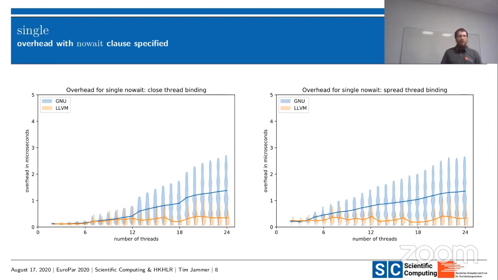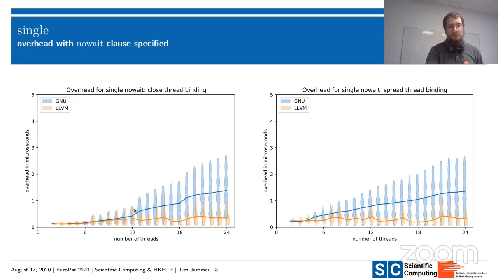If you compare the left-hand figure to the right-hand figure, you see that on the left side we utilize a closed thread binding, and on the right side we utilize a spread thread binding. But the general trend behind these two figures is the same. You see that for the GNU implementation, the overhead rises quite linearly in this case, while the overhead for the LLVM implementation stays roughly the same. And this is the same for the closed thread binding.